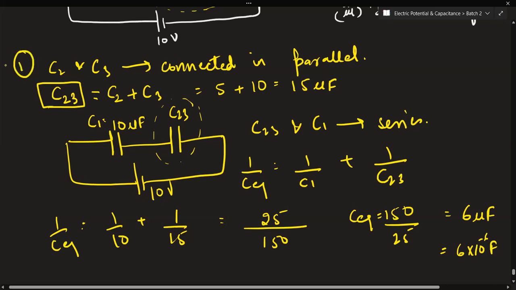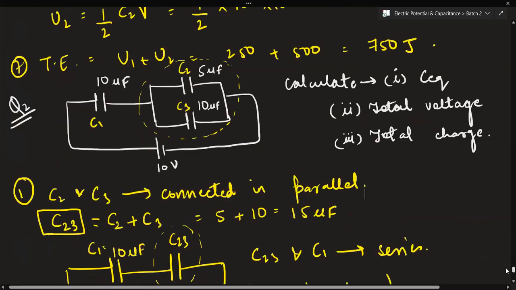You have to find out the net capacitance in this manner only. How to find out the net capacitance? First try to reduce the circuit. If you see this capacitor C1, C1 and C2 are neither in series nor in parallel. C1 and C3, both of them are not connected together. It means neither in series nor parallel.